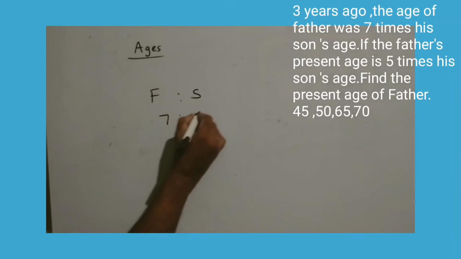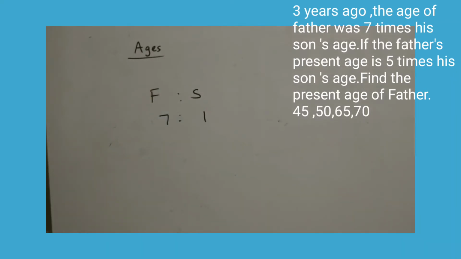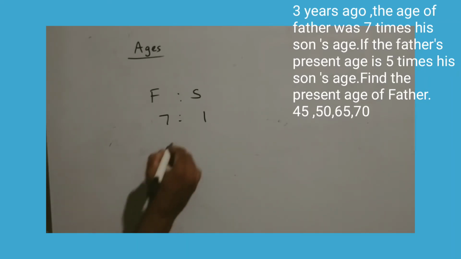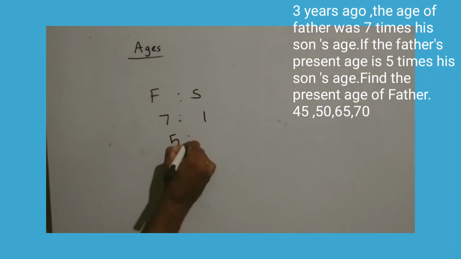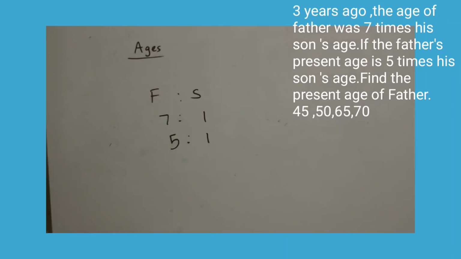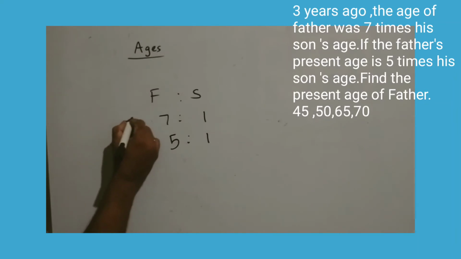So the ratio is 7:1. If the father's present age is 5 times son's age, 3 years ago, so minus 3.